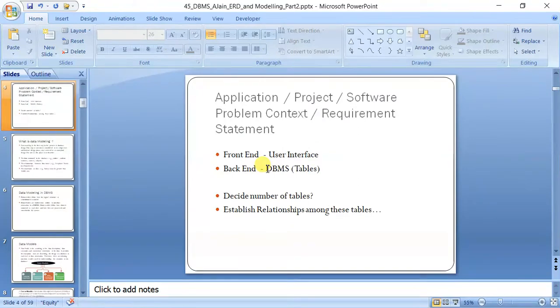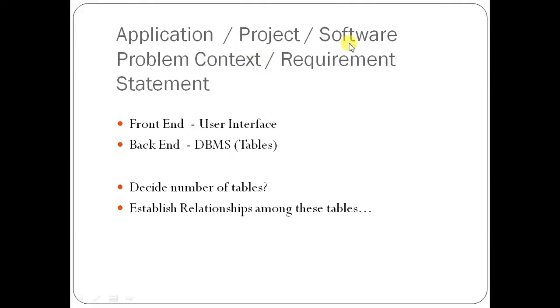So what is the context of this topic? You might be developing some kind of project software in your coming job. You will be doing some front end, and there will be some back end. In the back end, there will be tables in a DBMS. That DBMS can be Oracle, MySQL, Sybase, DB2, and the list is very long.